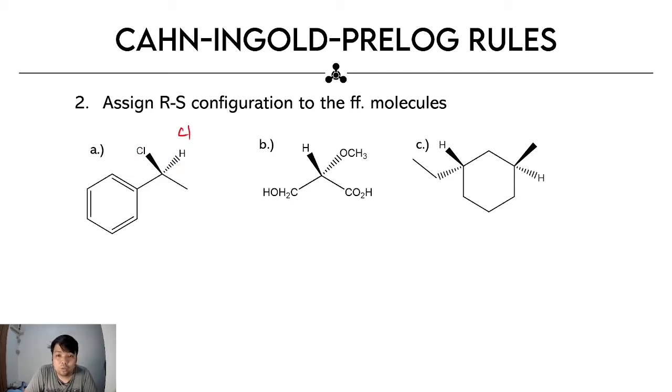Then we need to know which are the priorities 1, 2, and 3. Obviously, since chlorine is heavier than carbon in terms of atomic mass, the chloro substituent will be given the first priority, or priority number 1, and between these two substituents, obviously this will be given priority number 2, and this will be priority number 3.